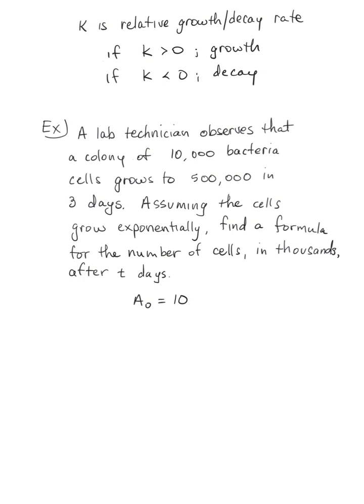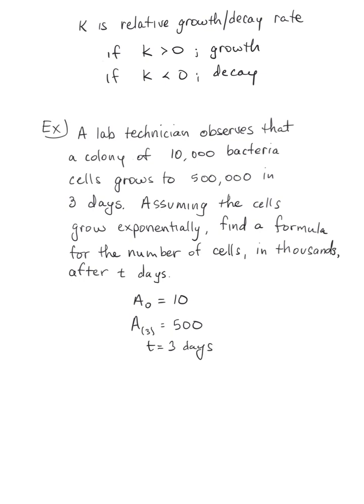And along that same line, the future amount, A sub 3 after 3 days, is 500,000. So in thousands, 500,000 becomes 500. So this is 500. And time is 3 days.